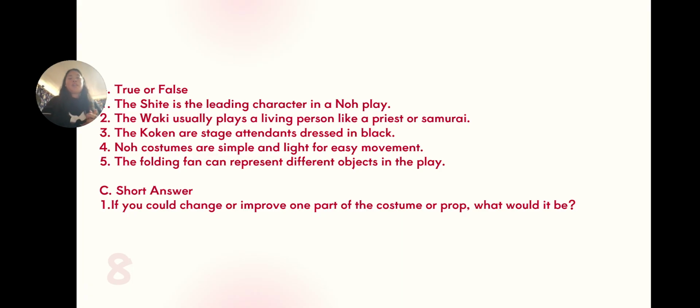And for the short answer, you just answer in short. If you could change or improve one part of the costume or props, what would it be? I've discussed some of my enhancements, and I hope you've learned something for you to answer my question for my short evaluation.